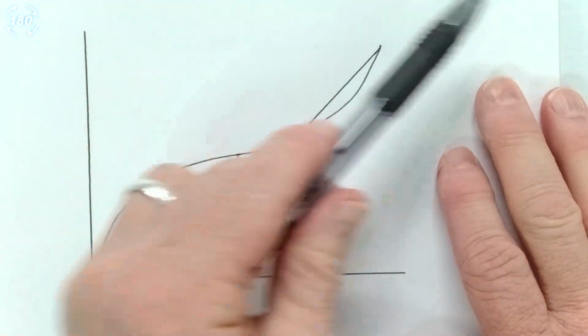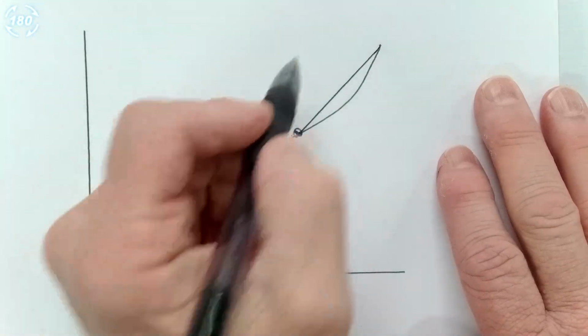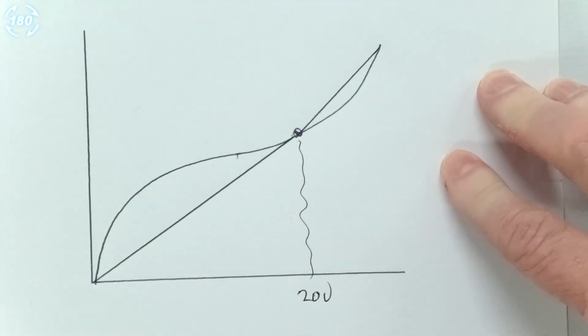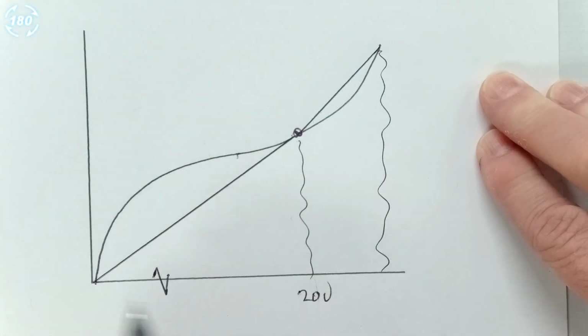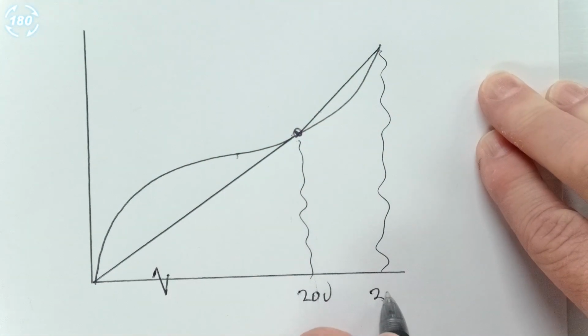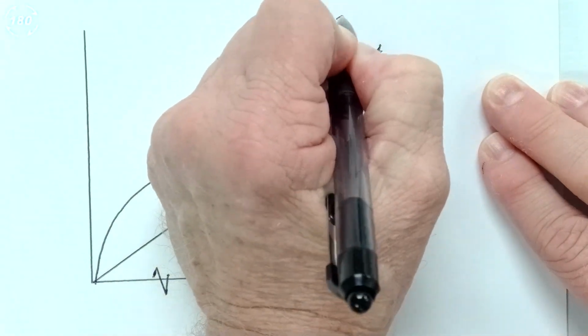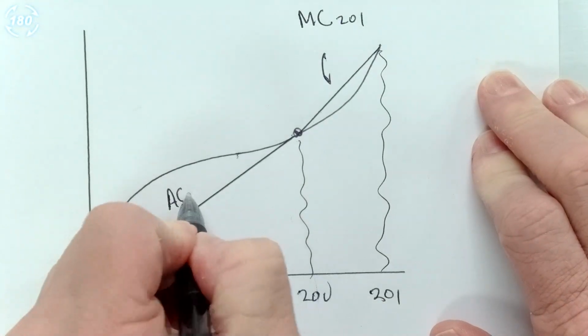At some point there's a little bend and then it takes off when it hits the wall here. But the idea here is beyond some point, and maybe this is 200 units, the marginal cost of the 201st unit is greater than the average cost of 200 units.